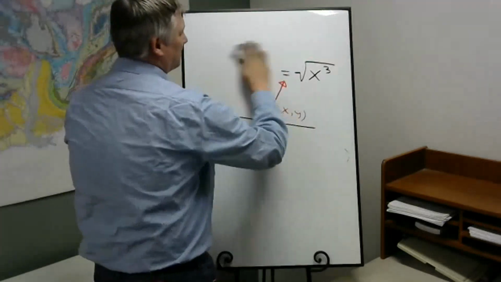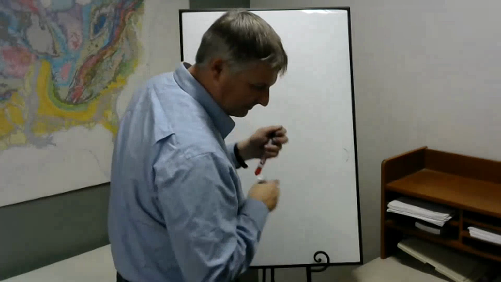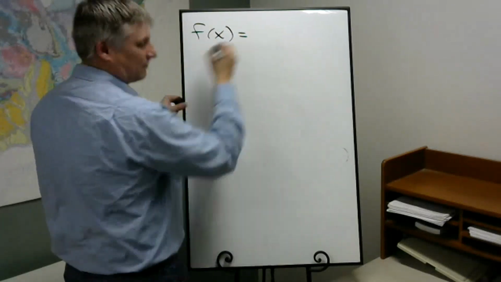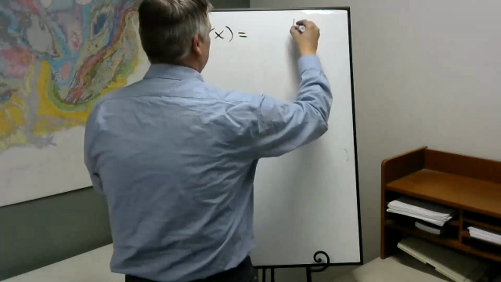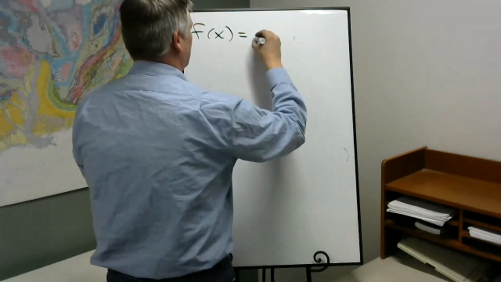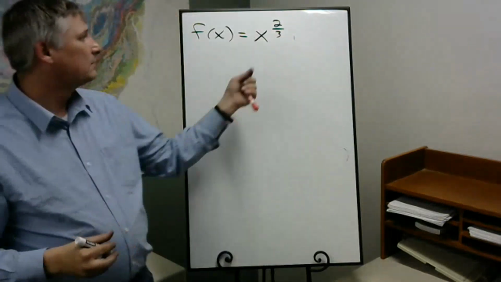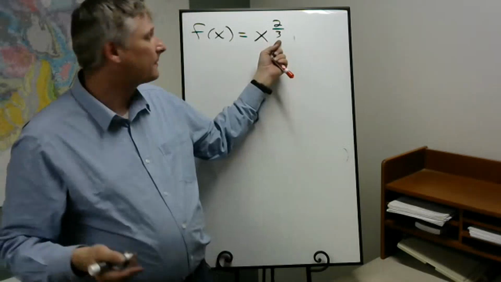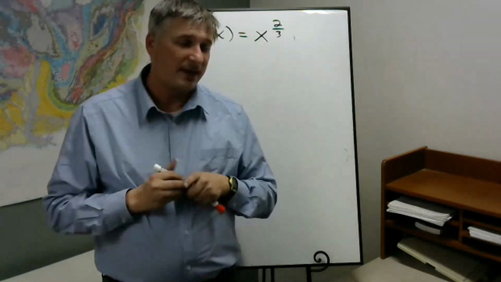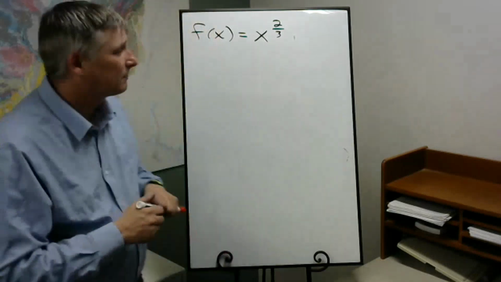Now, another one, though, that they have in the text. Now, this one, even though it's still a fraction, we still have an odd number in the denominator. That means we're taking a cube root, and so that means it's okay to use negative numbers.